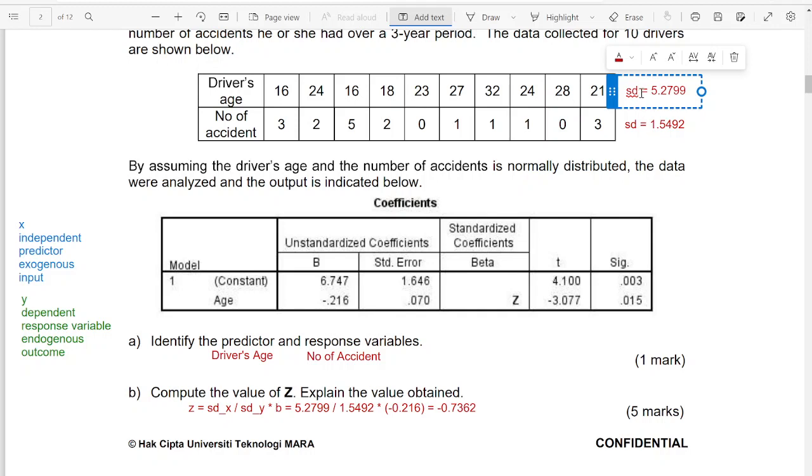So that will give you the Z, or what we call the standardized coefficient.